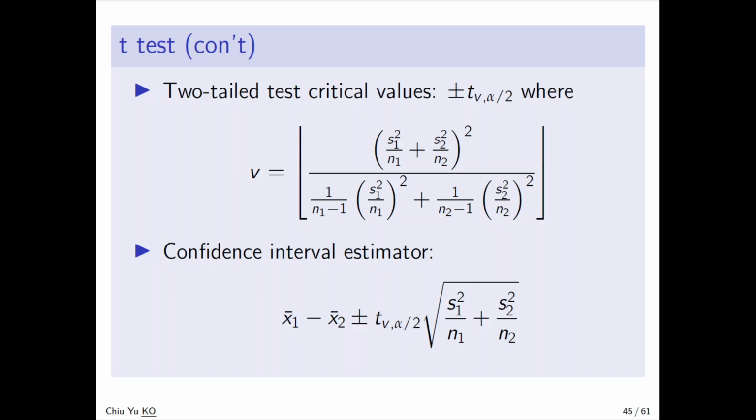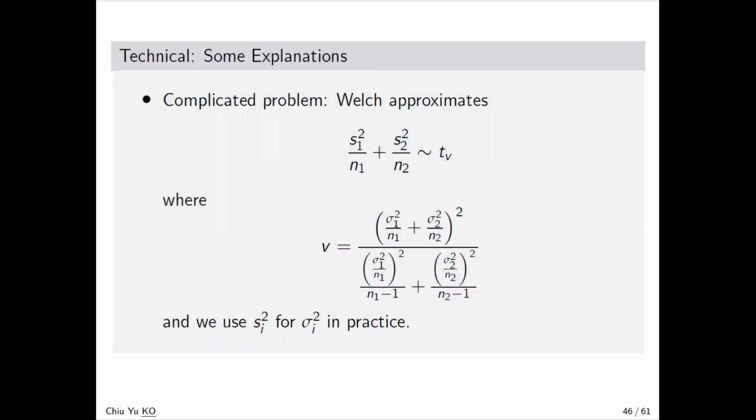Then the interval estimator is x1 minus x2 plus or minus t times the square root of this term. So this follows directly from here. There's nothing complicated. So let's see why this is true. It's a very complicated problem, and so far there's no really good solution to this.